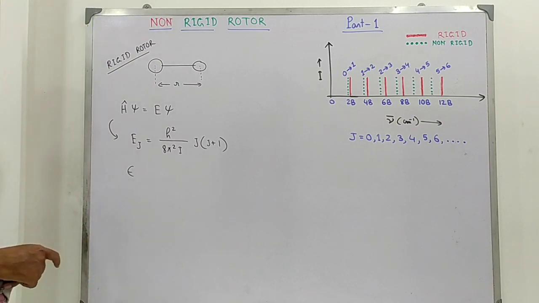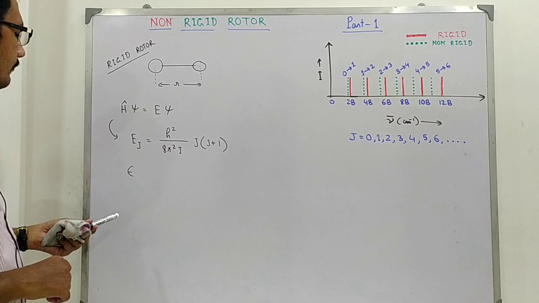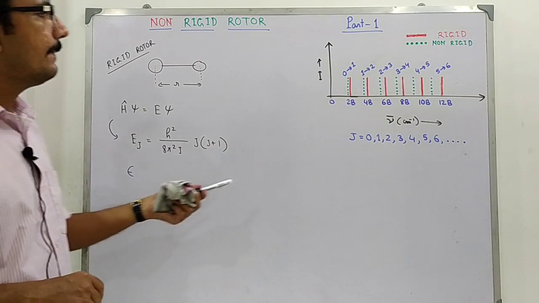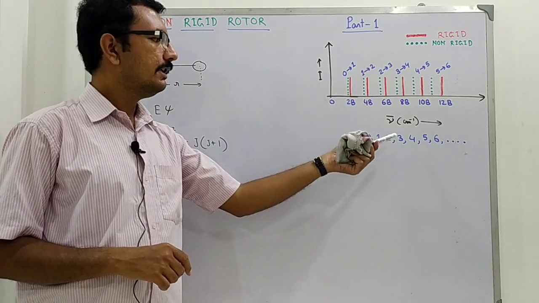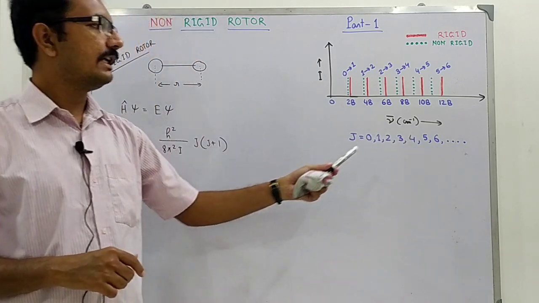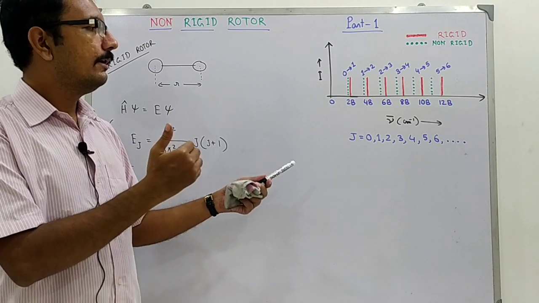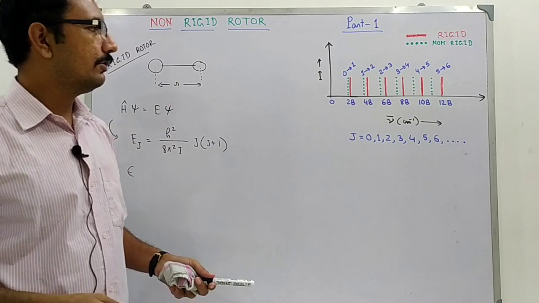It is convenient in microwave spectroscopy to express this in centimeter inverse. See, here the intensity is plotted against the wave number. This is the wave number of the radiation that has been irradiated into the sample, and we check at which positions we get the response from the sample molecule.